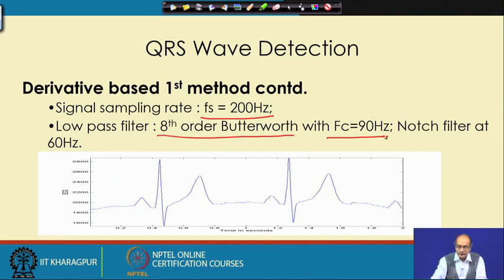That will help to reduce all the noise above 90 hertz, and also there is a notch filter at 60 hertz. So, this signal is collected in North America, where the power frequency is 60 hertz. So, that power frequency and the high frequency noise above 90 hertz are eliminated with the help of this low pass filter and the notch filter.